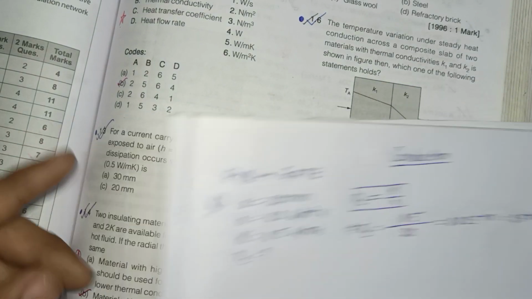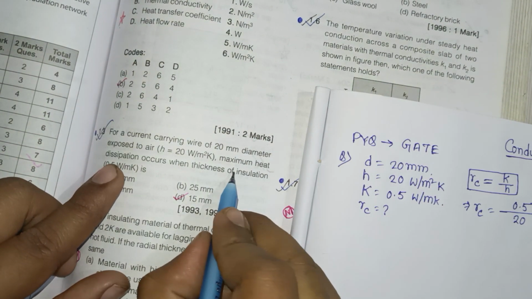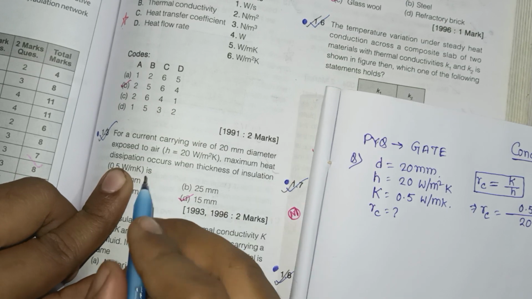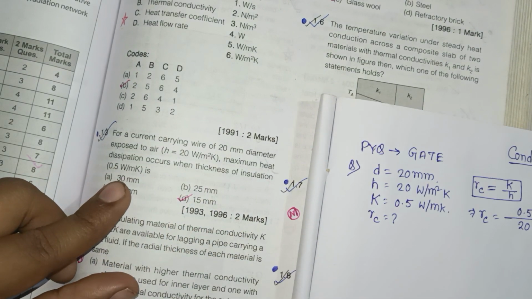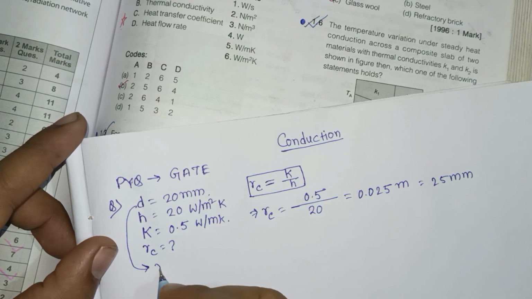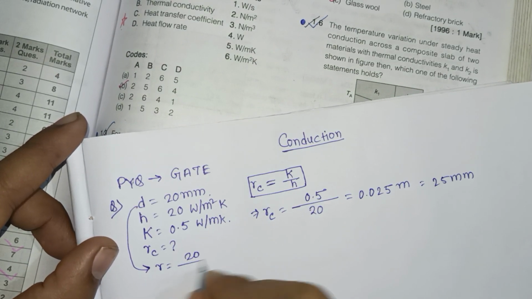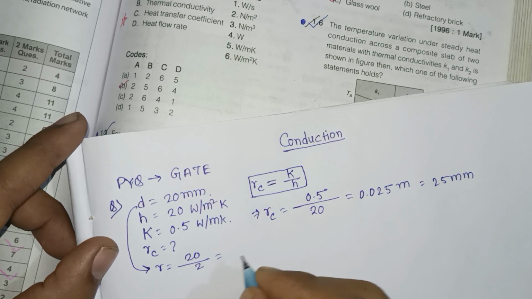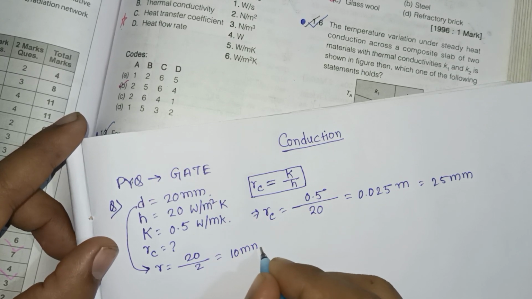So maximum heat dissipation occurs when the thickness of insulation... What is the radius of the wire here? 20 by 2, that is 10 millimeter.